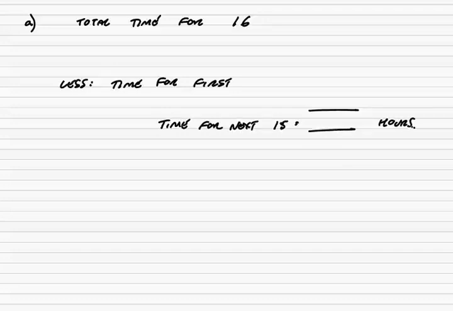And of course, like before, we know the time for the first one. This time it's 200 hours. We need the time for 16, but 16 is doubling. 2, 4, 8, 16. So have a go yourself. Using the doubling rule with a learning rate of 85%, how long will 16 take?